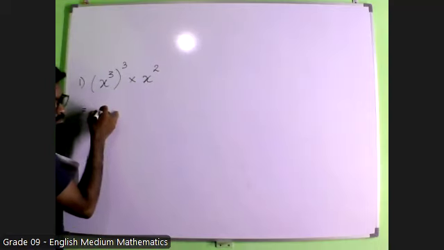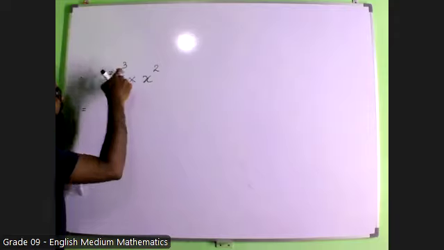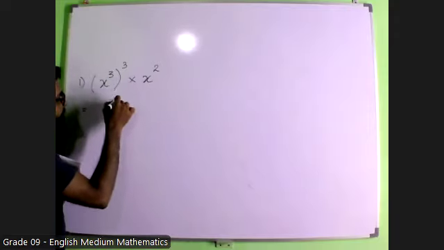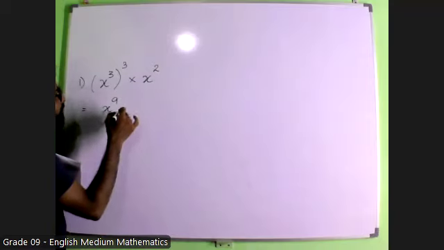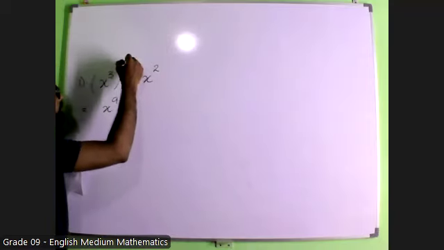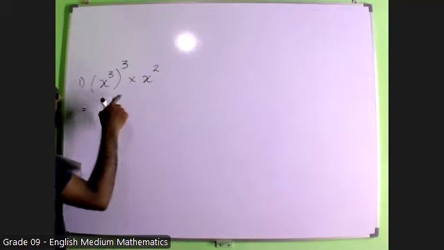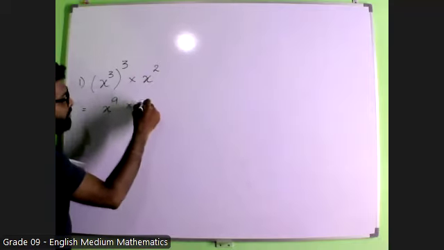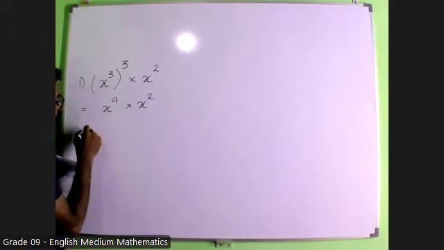No, 3 times 3 is 9. X to the power 9, times x to the power 2.